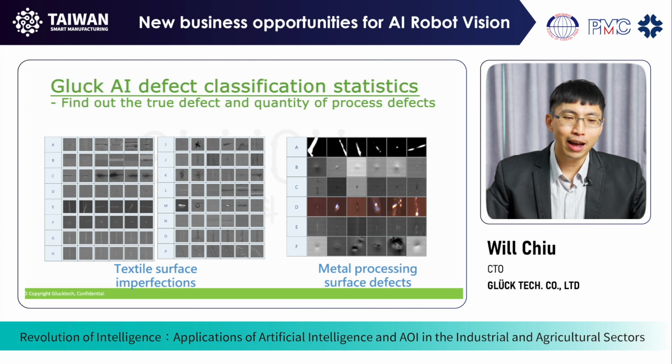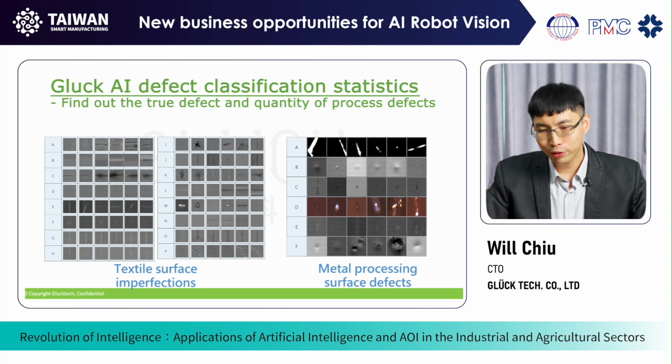In this slide, I will show you the AI defect classification. In the industrial sector, defect classification can help us identify the true causes of defects in the manufacturing process.